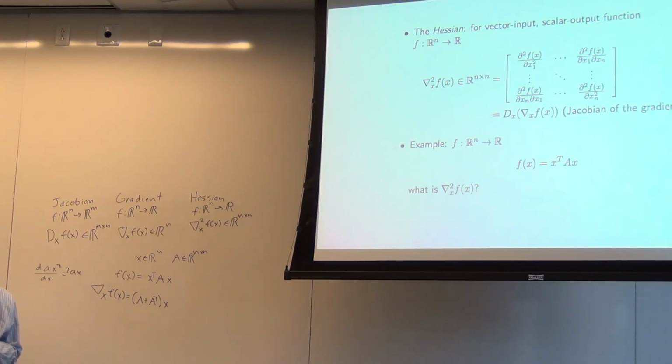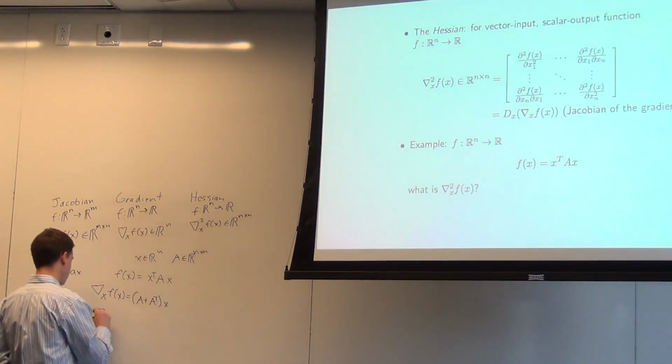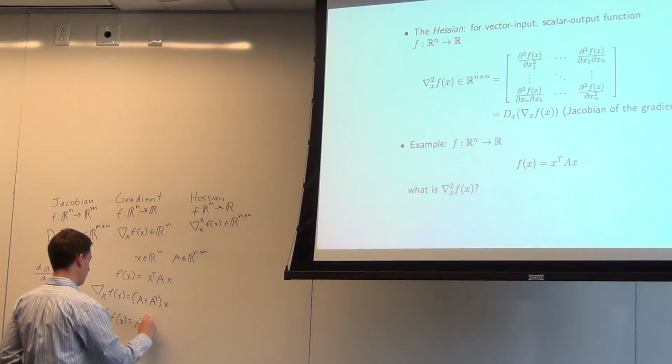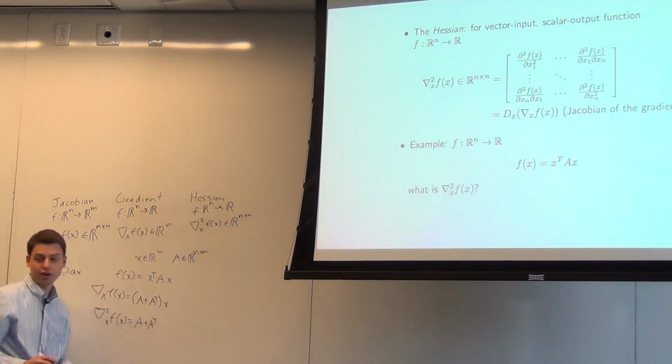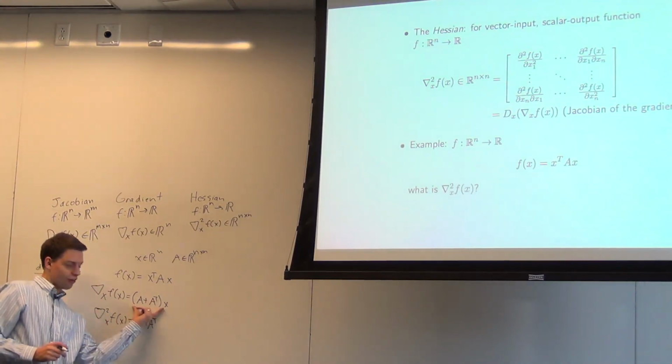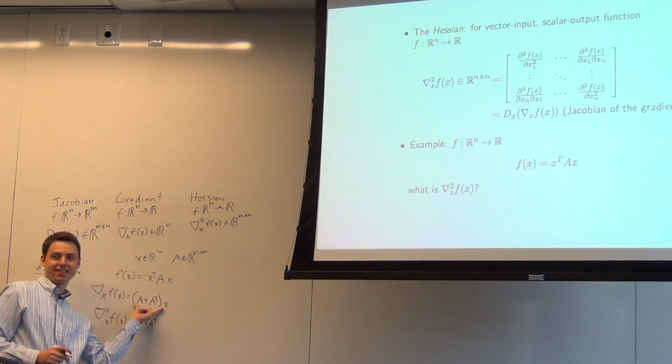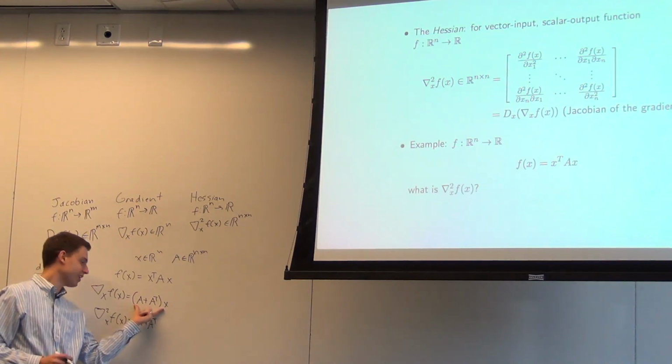Yeah. You're right. So it's just equal to A plus A transpose, right? Because this term is the gradient. Remember, the Hessian is the Jacobian of the gradient. I'm using a lot of terms there, all 3 in 1.